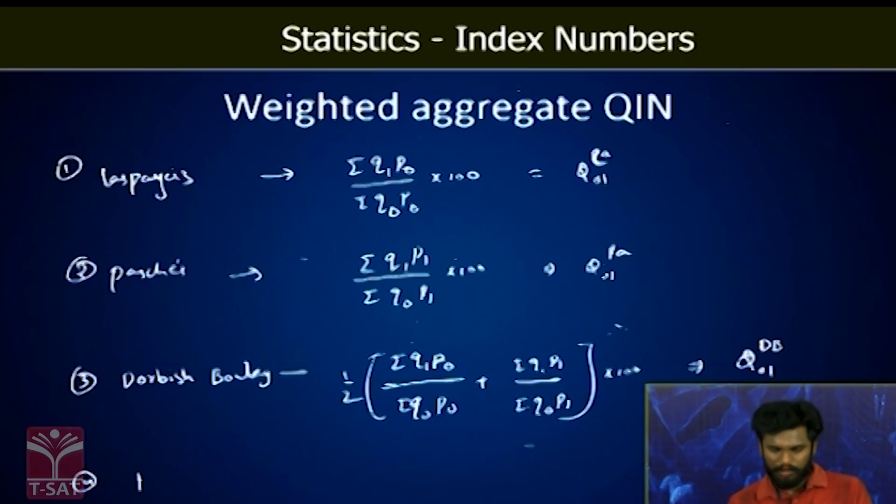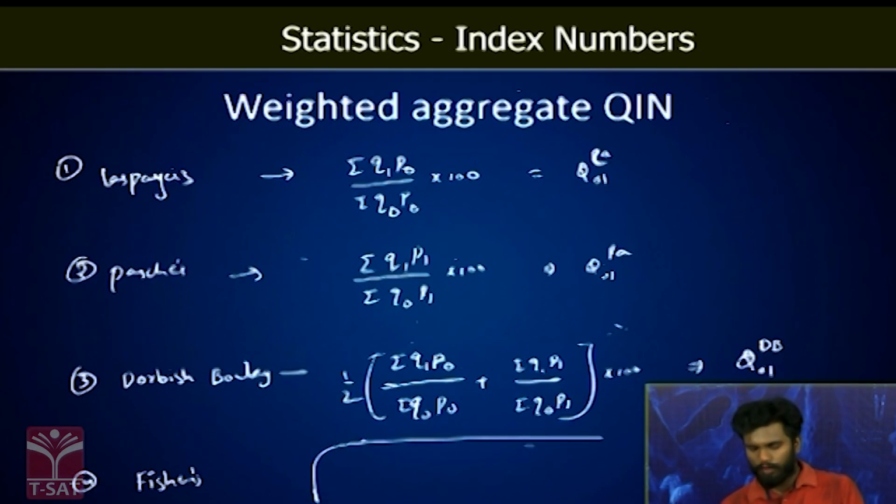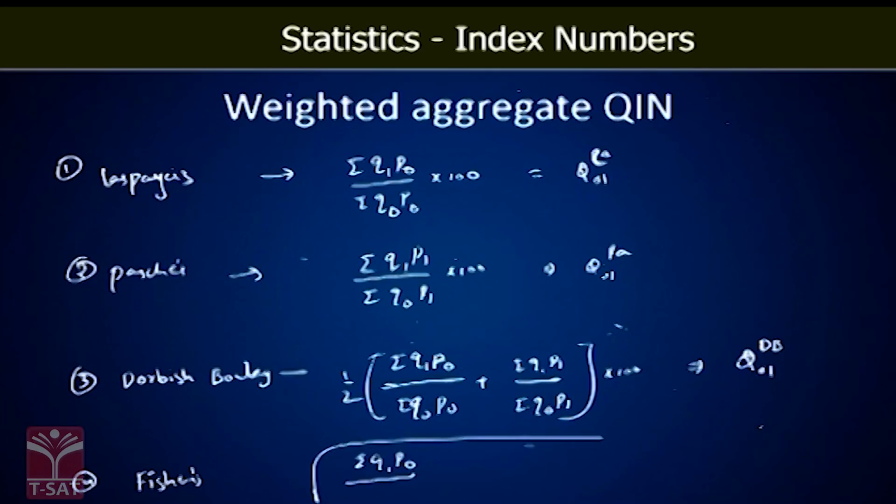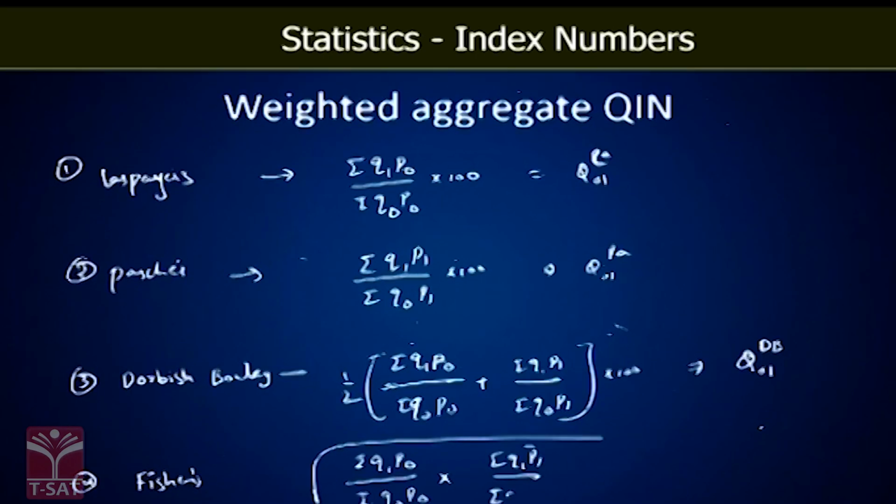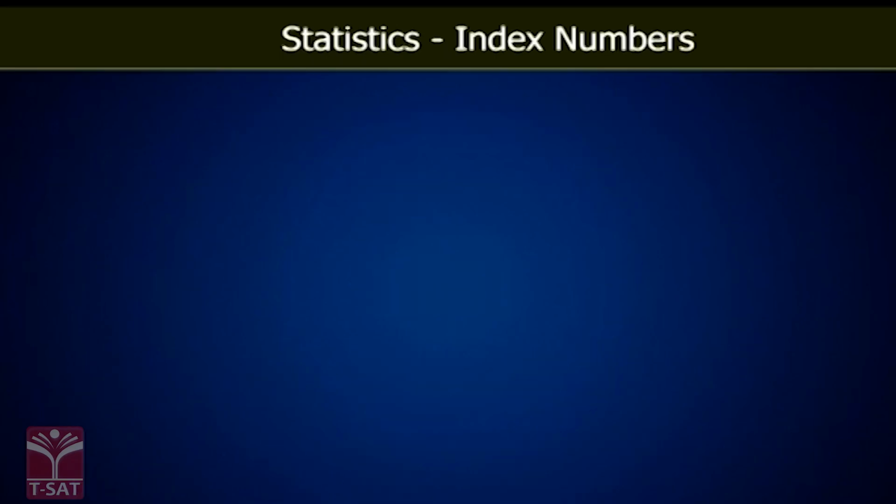The fourth is Fisher's, and it is given by the square root of the product, the geometric mean of Laspeyres and Paasche, which is denoted by Q01 F.